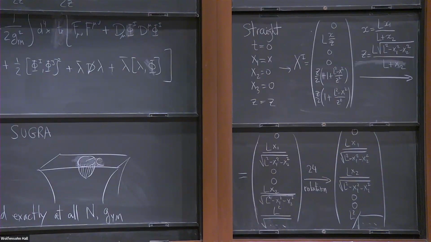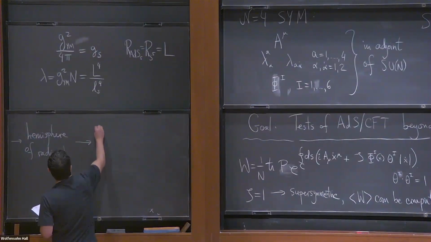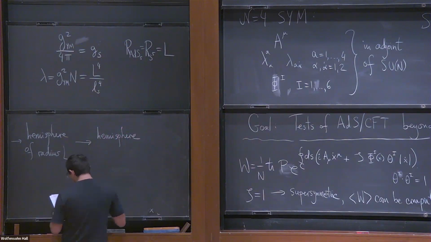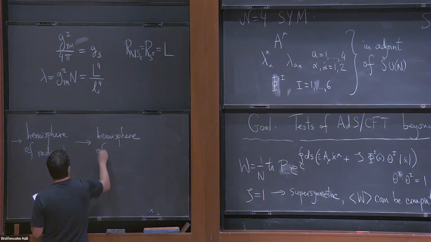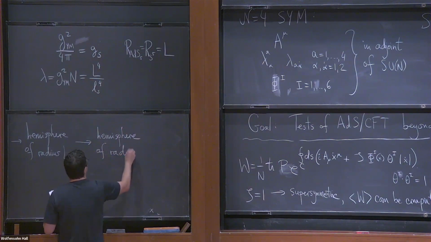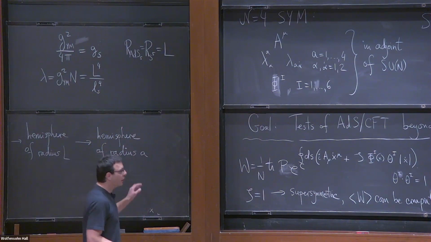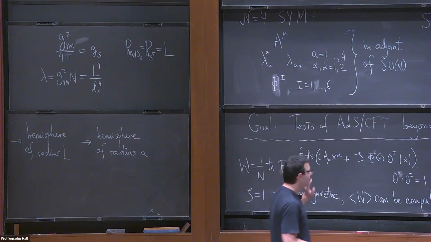And from a hemisphere of radius L, we can get a hemisphere of any radius we want. So in particular, we can get a hemisphere of some radius A. In AdS, all of these are just coordinate transformations. So I can just map by a coordinate change the straight world sheet to the hemisphere.